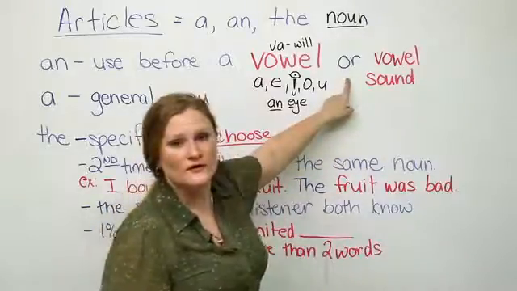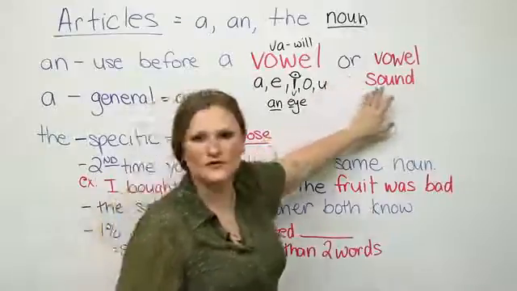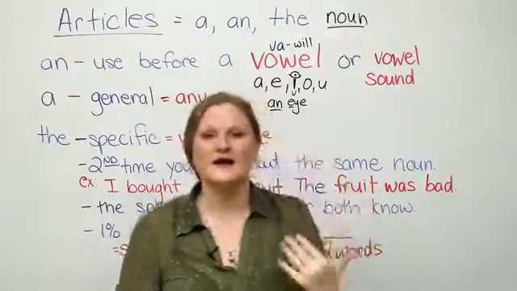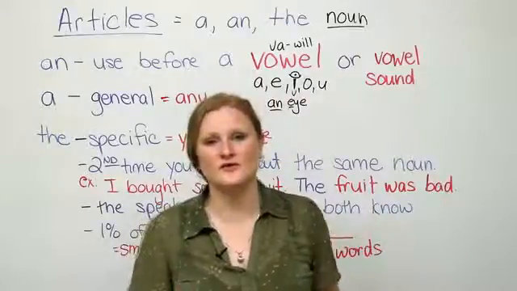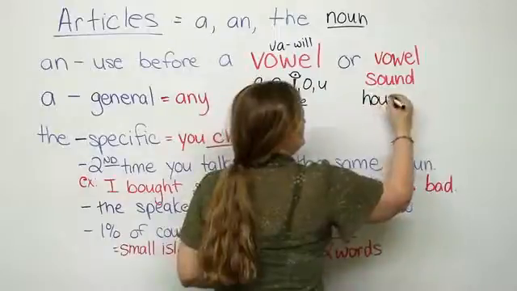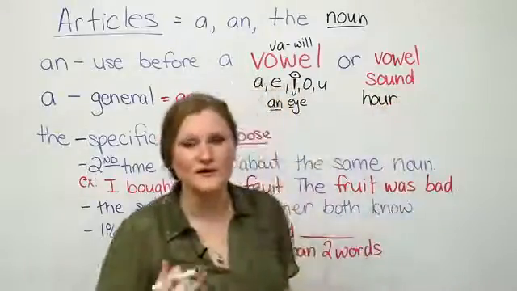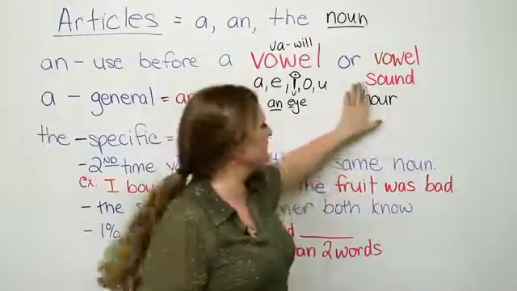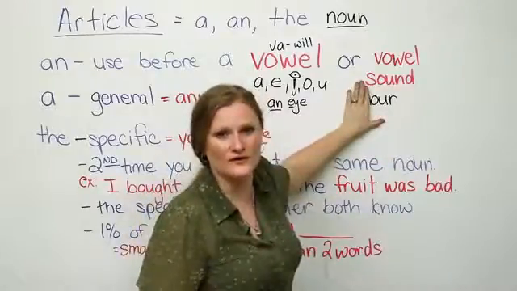Or, if the word begins with a vowel sound. What is a vowel sound, Ronnie? A vowel sound is usually always the letter H. For example, the word hour. We do not even say the H word. It sounds like we're saying hour.